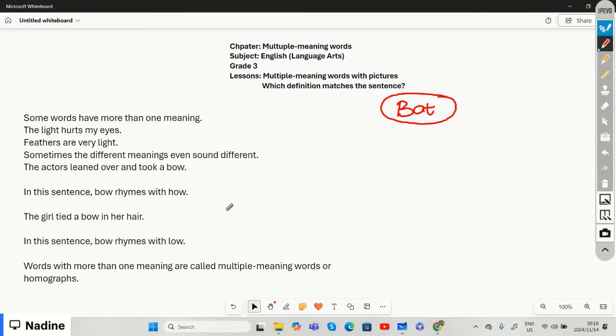And if we look at the word bat, the two meanings of bat: one is that little flying creature, that little bat that looks like vampires. Another meaning of the word bat is your baseball bat, cricket bat, tennis bat.